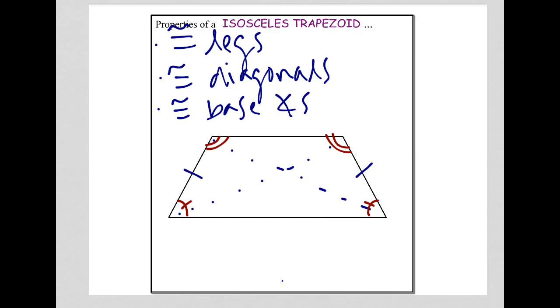We also have that their non-base angles are supplementary. This also has all the properties of a regular trapezoid, so we still have our one pair of opposite parallel sides, and those happen to be our bases.